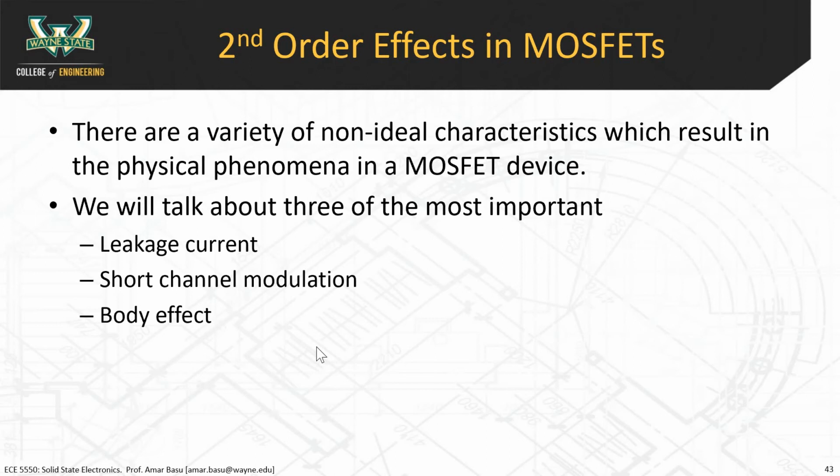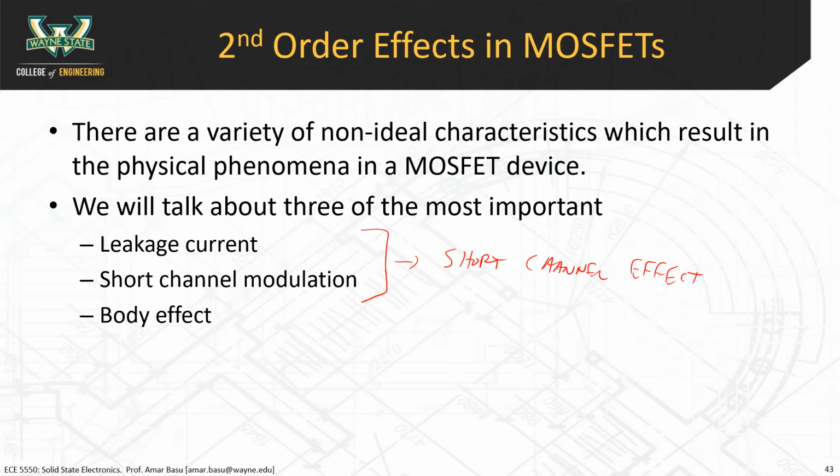The first two of these occur as a result of a short channel effect. So these effects typically become more pronounced as you're trying to make your MOSFET smaller. And so that's why these two were quite important.